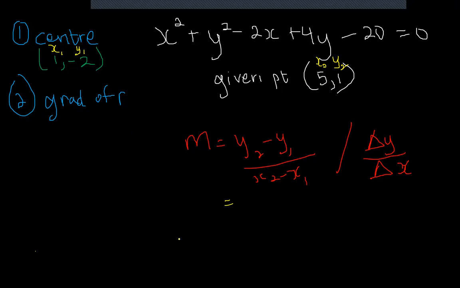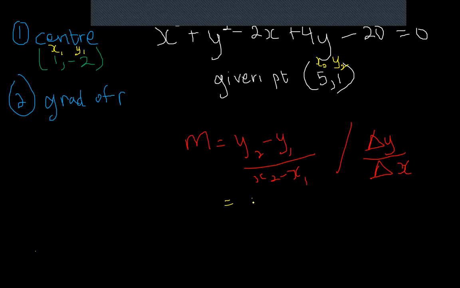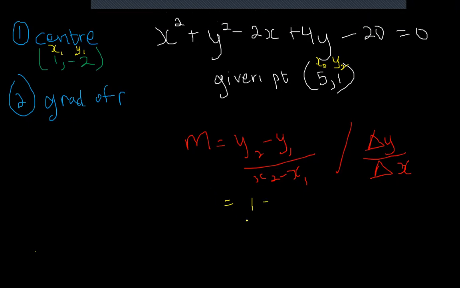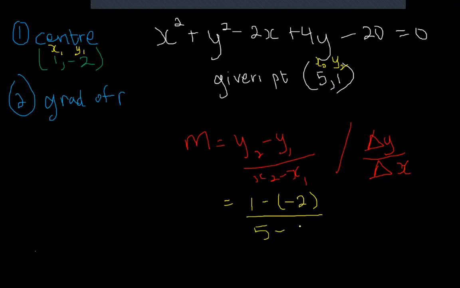So y2, in this case, is 1. So I put my 1 there, minus y1, which is minus 2. So that's 1 minus minus 2. Don't let them trick you. Next one, x2, which is 5. So I put 5 there, minus x1, which is 1.